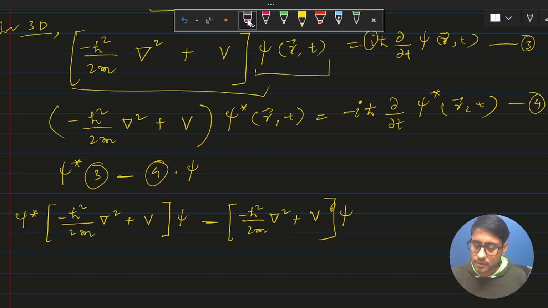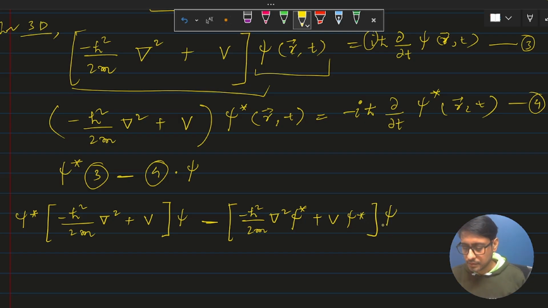So better we can write it as psi plus v with an asterisk, psi asterisk, and then we multiply with psi. This is the left hand side.